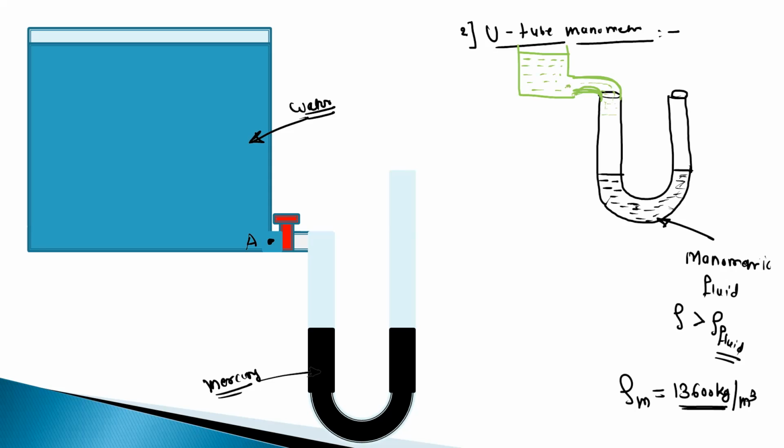So water will apply the pressure on this fluid, and because of that, this mercury will shift in the right limb. So this is the right limb and this is the left limb.